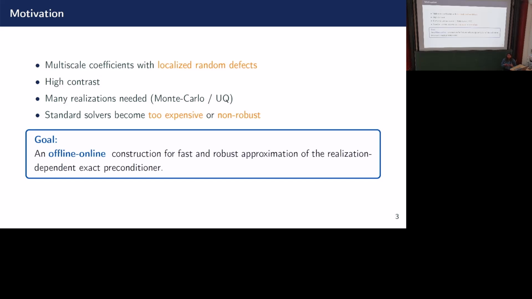And in setups like Monte Carlo simulations, which is exactly what we want here, there is a second reason: we have to solve this ugly system for many samples or realizations, and this is highly expensive. On the other hand, if we want to solve this problem using an iterative solver, particularly the conjugate gradient method, then the convergence of the solver is really slow due to this ill-conditioned system.